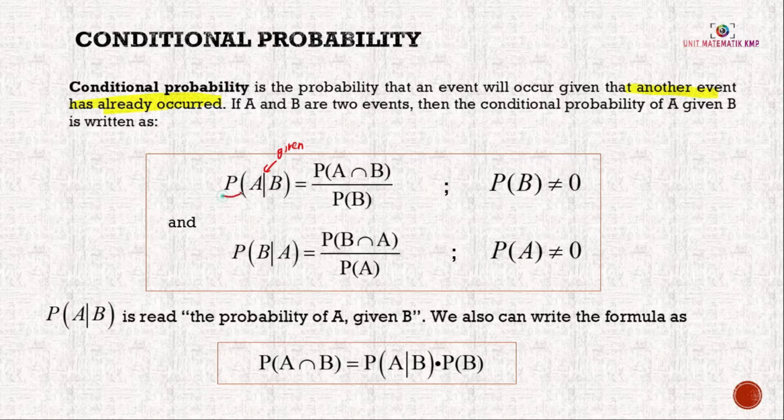So the one at the front is the probability that we need to find. And at the back is the probability that is already given or already happened.